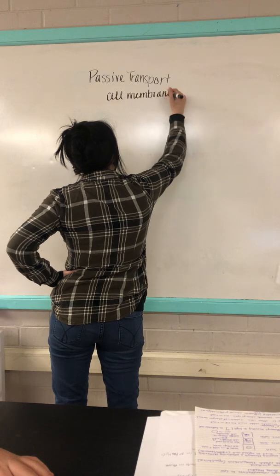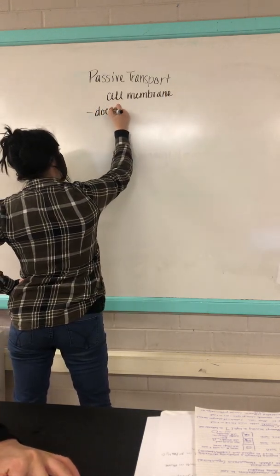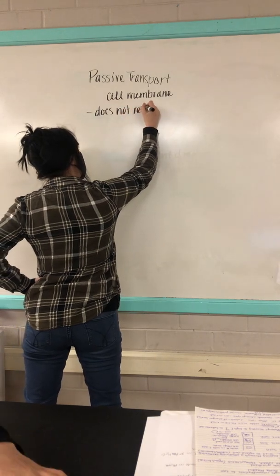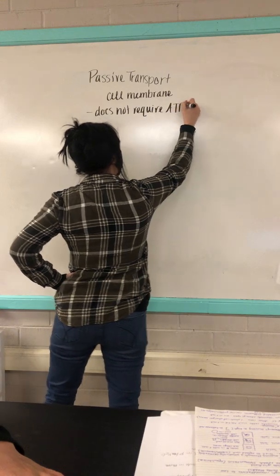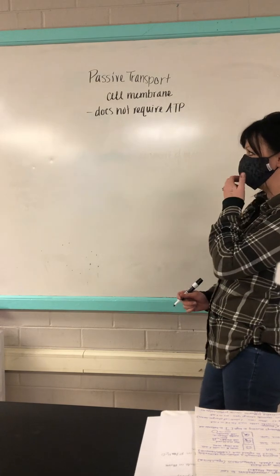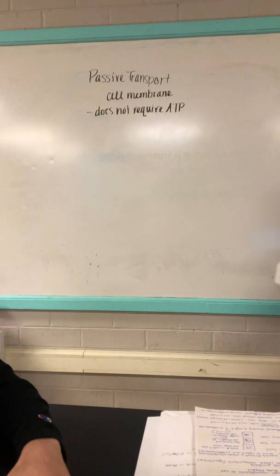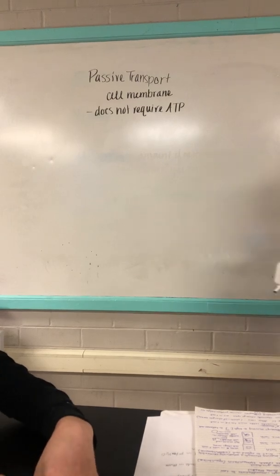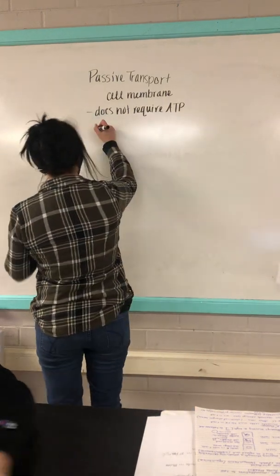Alright, so passive transport means it does not require ATP. What is ATP? Yeah, it's the energy, so it's adenosine triphosphate, and it's the energy produced where? In the mitochondria. Alright, so with passive transport you can have diffusion.